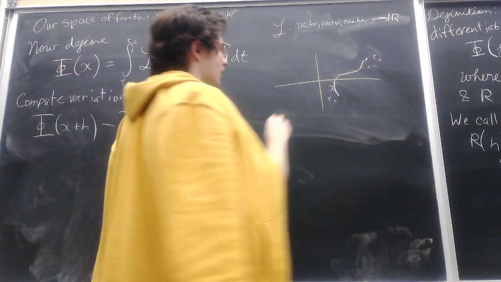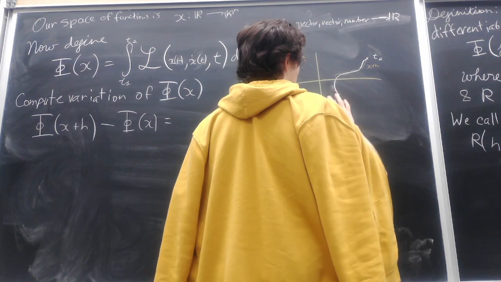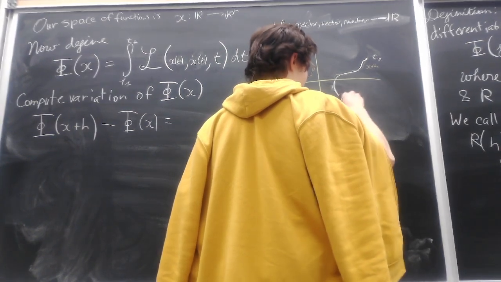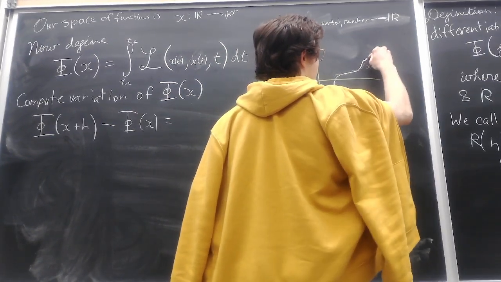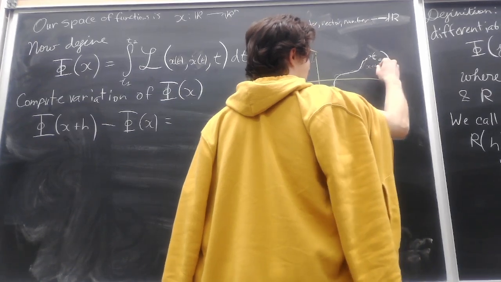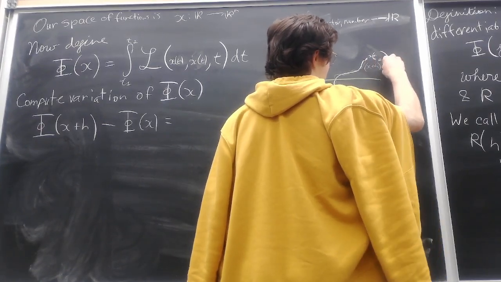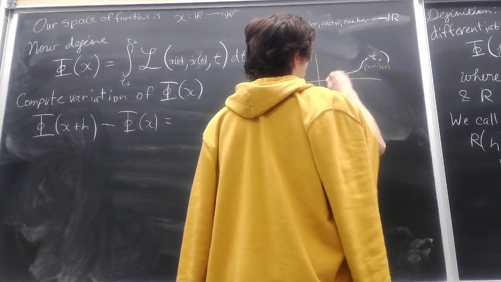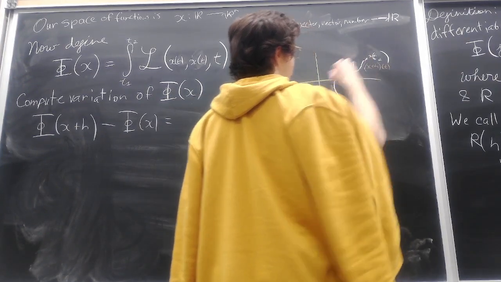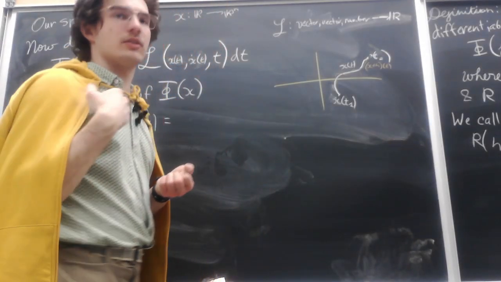They are functions of t. So this should really be x of t1, this should be x of t2, this should be x plus h of t also, and this should just be x of t. Do people understand what everything is?